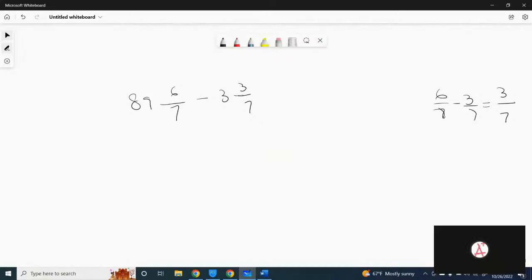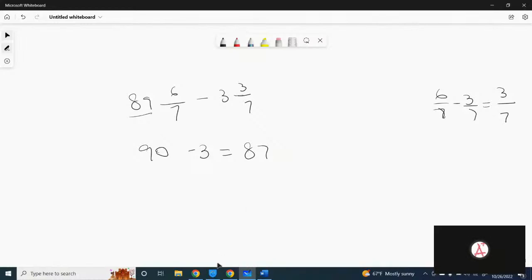Got it? Or you have to round off both the numbers to the nearest whole number. So 89 and 6/7 is rounded off to 90 and 3 and 3/7 is rounded off to 3. So 90 subtract 3 is 87. Got it?